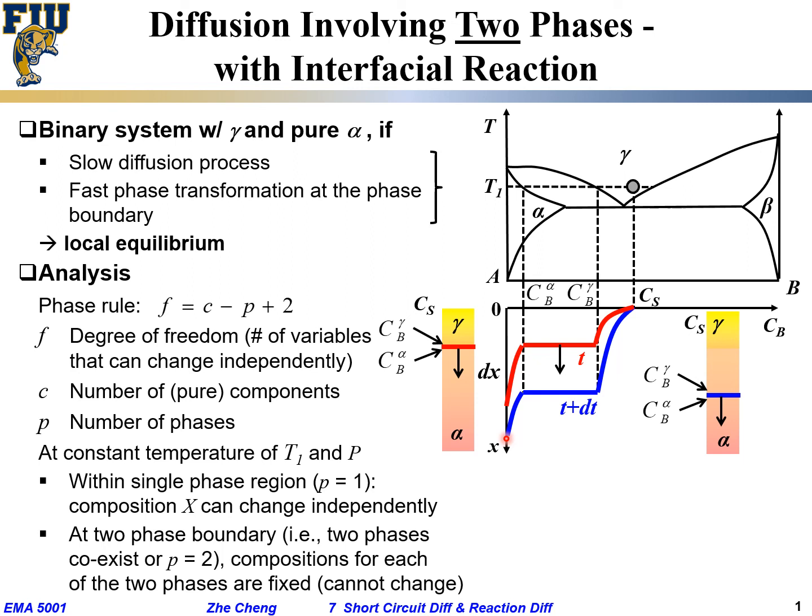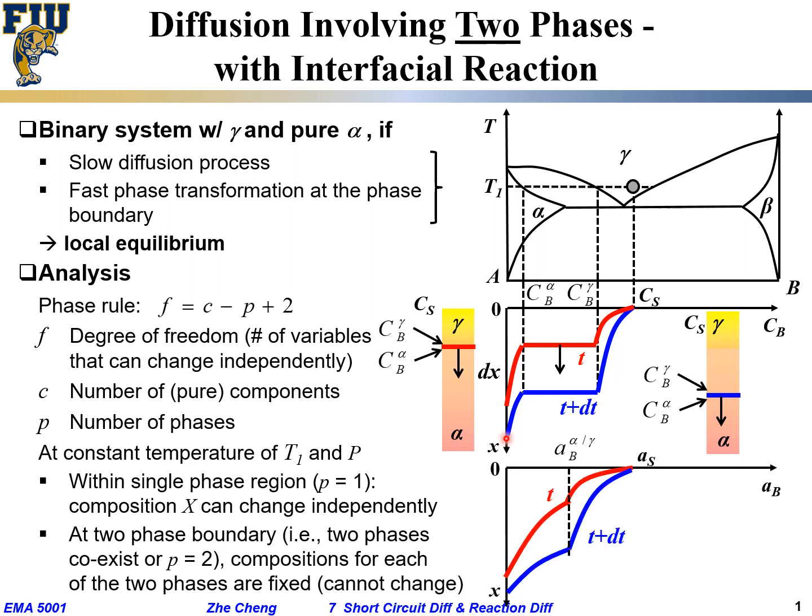Okay. So that's kind of how this moves. And then this would be the activity plot. We are plotting again activity A for solute atom versus location. Again, it's plotted the other way. At the time t for the red one, within alpha I have continuously changing activity, and then within gamma, I have continuously changing activity.